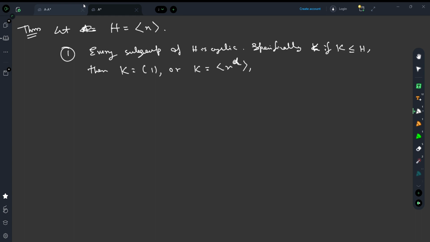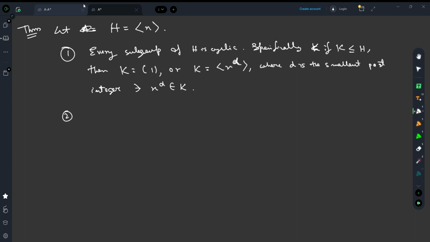Let me use the term x to the power d, because a is used rigorously in the previous statements. So K is equal to the group generated by x to the power d, where d is the smallest positive integer such that x to the power d is in K.